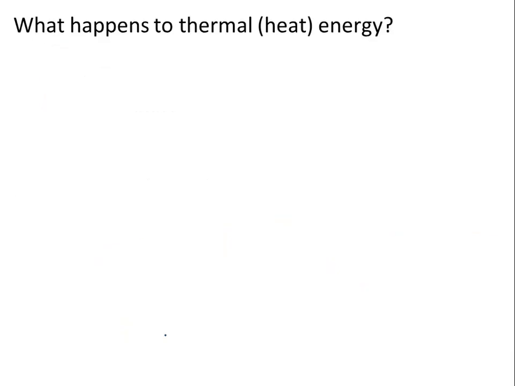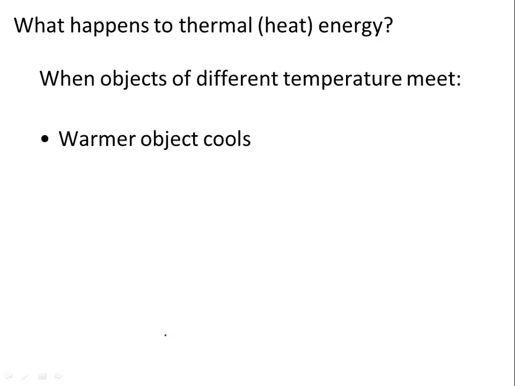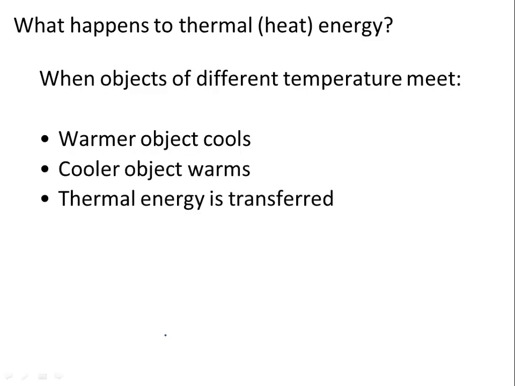Now let's go back to what happens to thermal heat energy. Remember, it can be used to warm objects, it can be used to change phases, and it can be used to drive other reactions. And so when you have a hot object and a cool object come together, thermal energy is transferred.